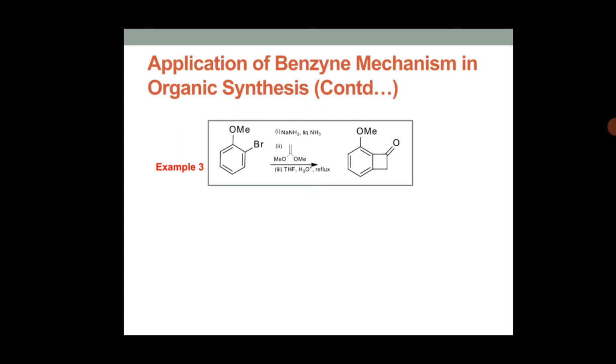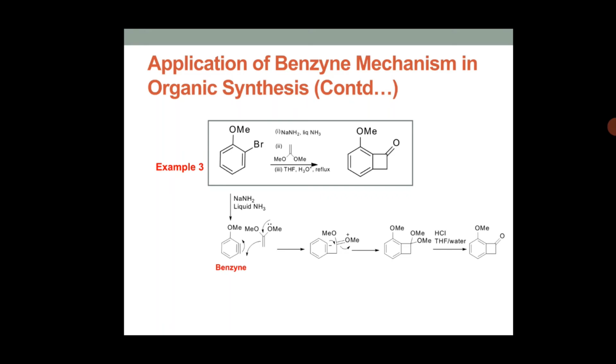Of course, this aryl halide on treatment with sodamide and liquid ammonia gives rise to this benzyne intermediate. The benzyne intermediate on treatment with this compound gives rise to the anion.